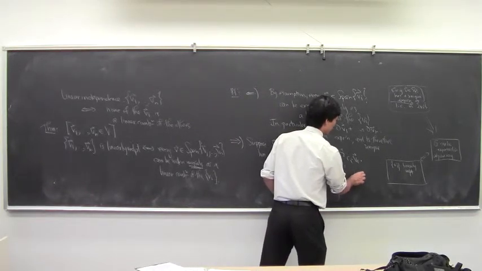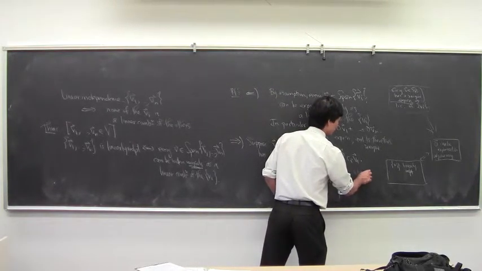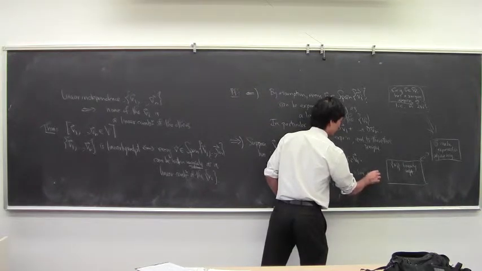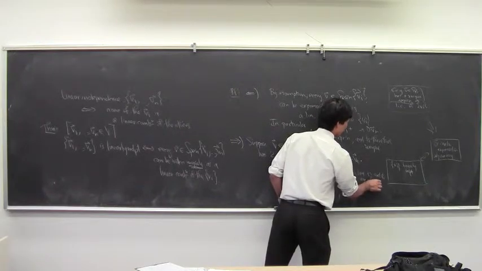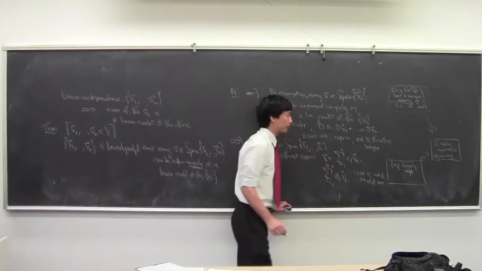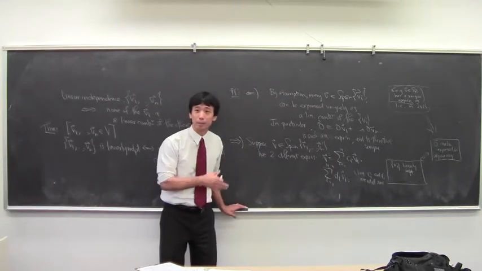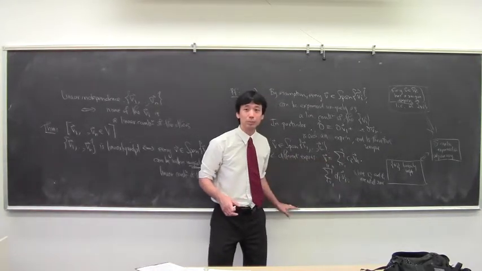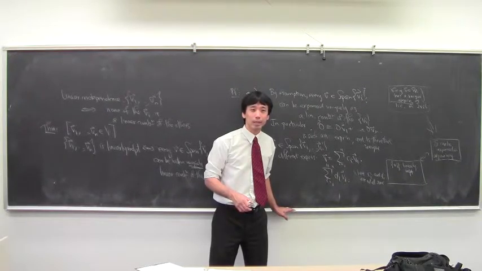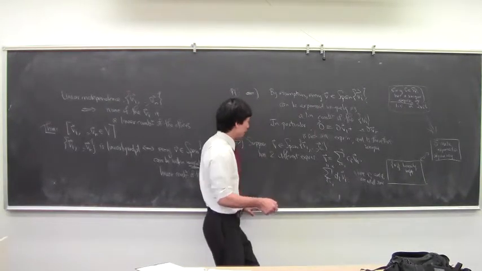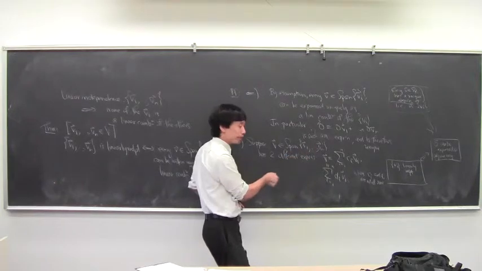And not all the Ci's are equal to the Di's, where Ci and Di are not all the same. So suppose you have two different ways of expressing the same thing. And Elena says, well, let's look at the difference.